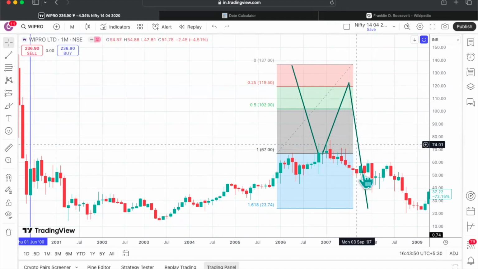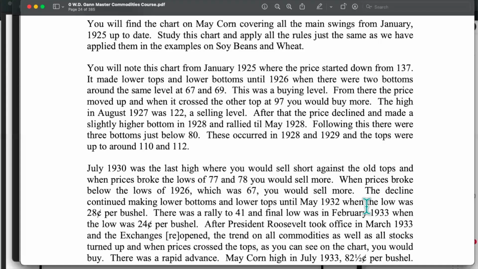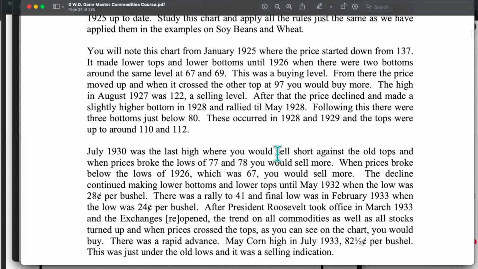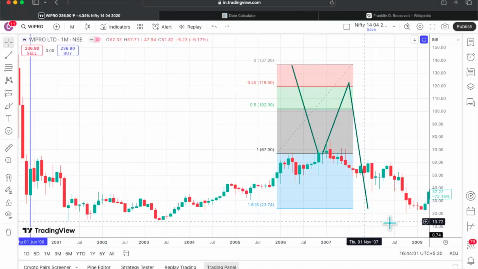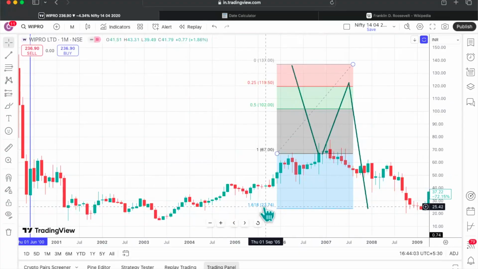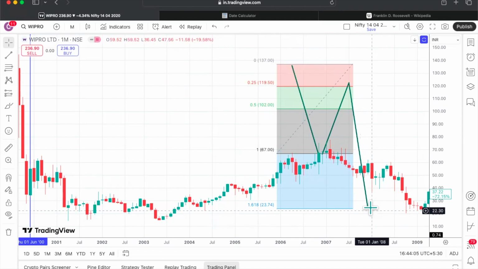From there, the market started dropping down again. Where was the drop up to? The drop was initially up to 28 and the final drop was till 24 cents. Here it is 23.74.